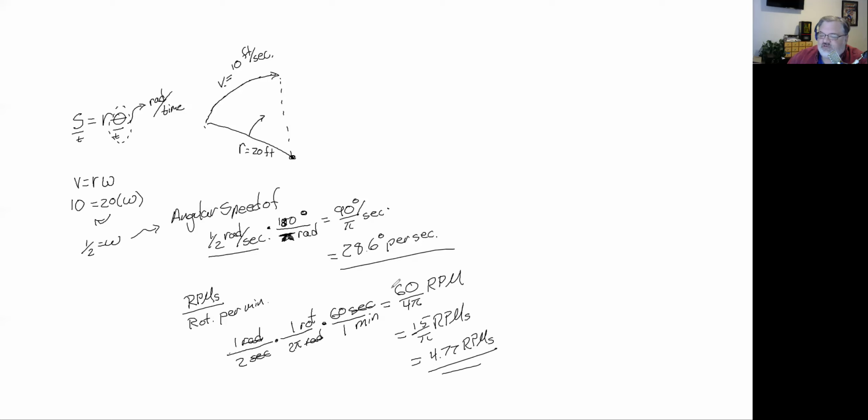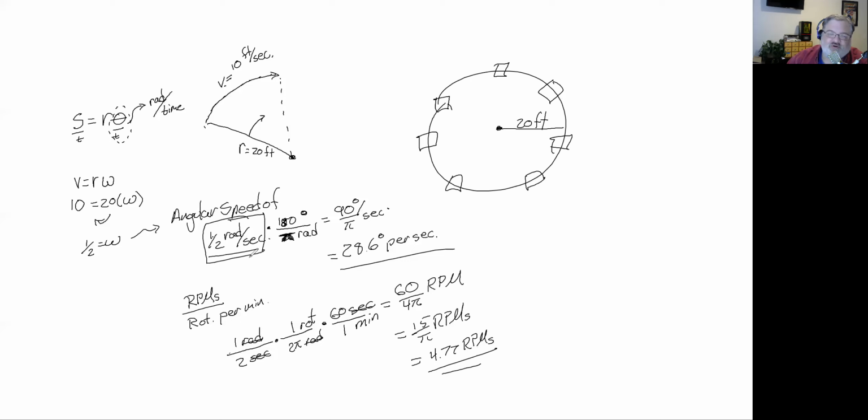So this is RPMs, like spinning flywheels, or you often see problems with a Ferris wheel. You're given the radius of the Ferris wheel and either how fast it's spinning or how fast the cars are moving. If we know the radius of that Ferris wheel, say 20 feet, and we know how fast it's spinning in either radians per second, degrees per second, or RPMs, we could turn any of those into radians per second.